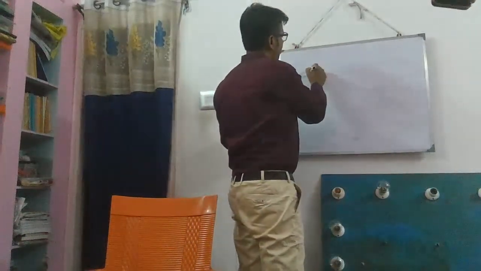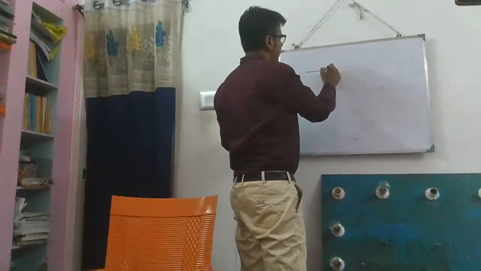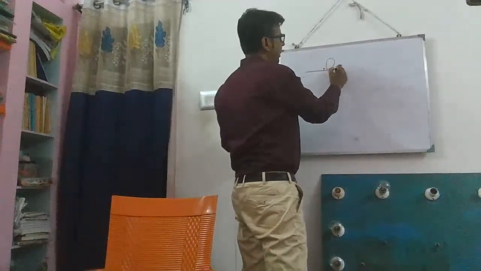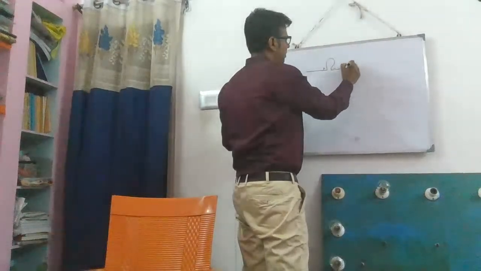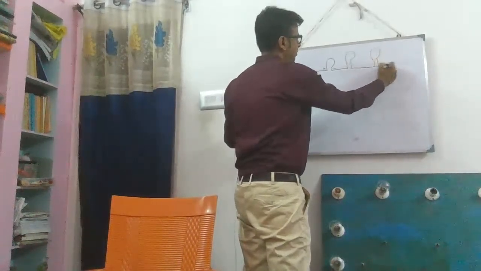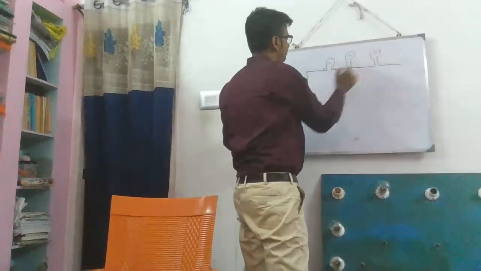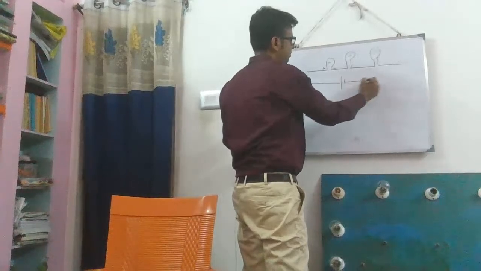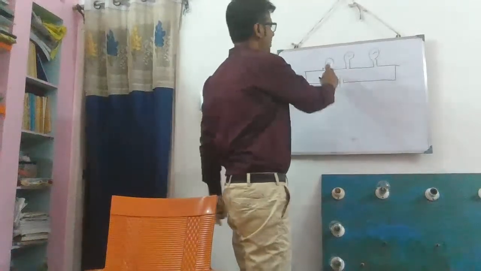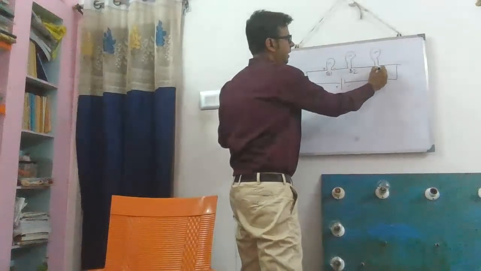So in the switch, I am using a bulb, that is resistance. Here I am just using this bulb, that is positive, negative, and that is the positive and negative of the battery, and this is bulb 1, bulb 2, and bulb 3.